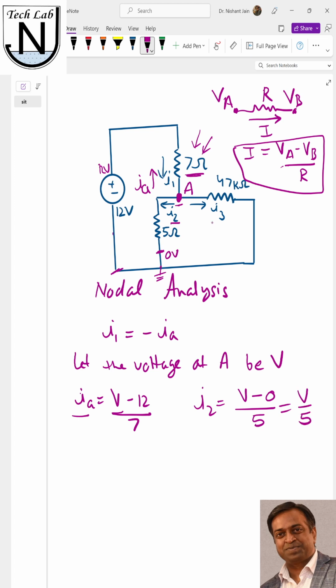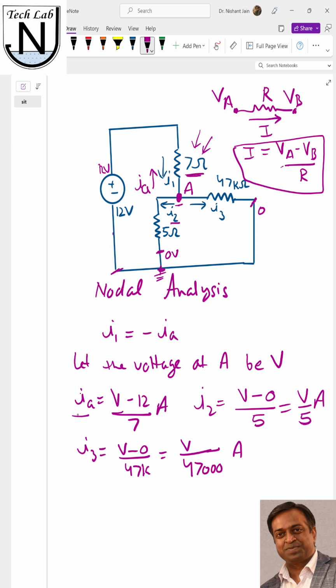And similarly for the current I3, the potential over here is 0 because it is connected to ground. So V minus 0 upon 47 kilo ohm, which is V upon 47000 amperes. All are in amperes.